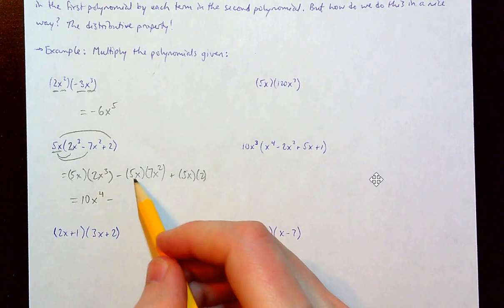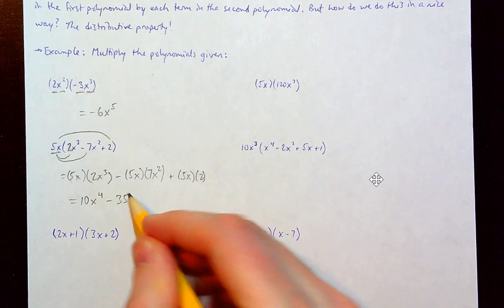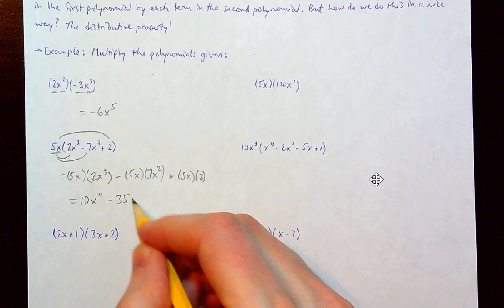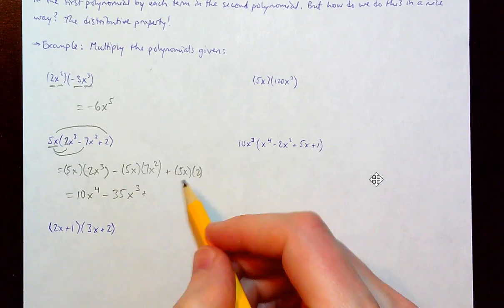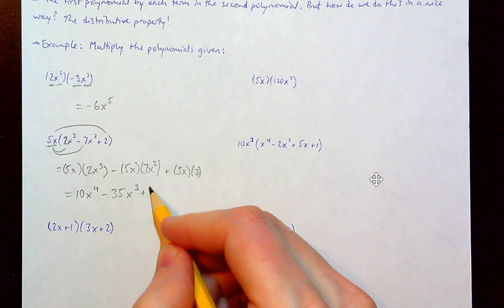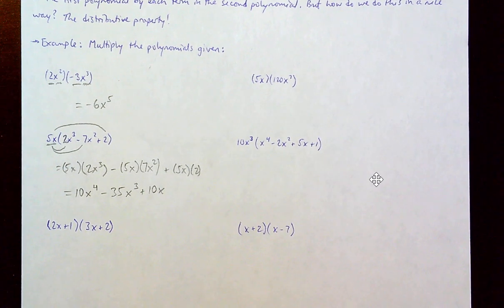Minus 5 times the 7 gives me 35, and x times x squared gives me x cubed, and then plus the 5 times 2, or 10, and then times the x. So we have 10 times x to the fourth minus 35 times x to the third power plus 10 times x, or 10x.